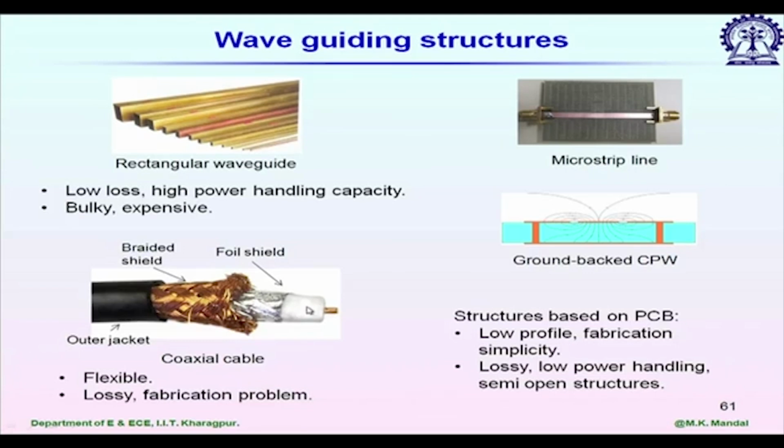At millimeter wave frequencies, coaxial cable is very lossy. We try to avoid it, but the main advantage of coaxial cable is that it is flexible. So, that is why most instruments come with coaxial cable for connections.